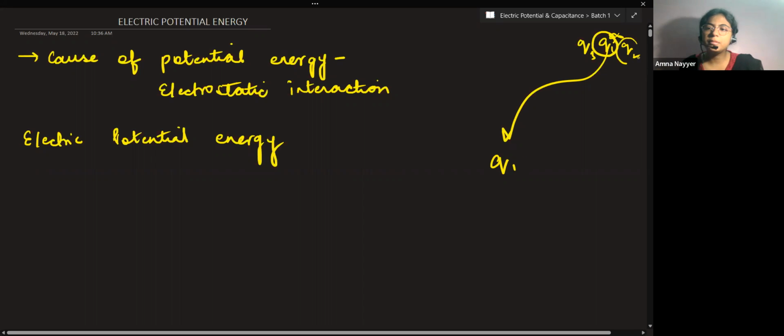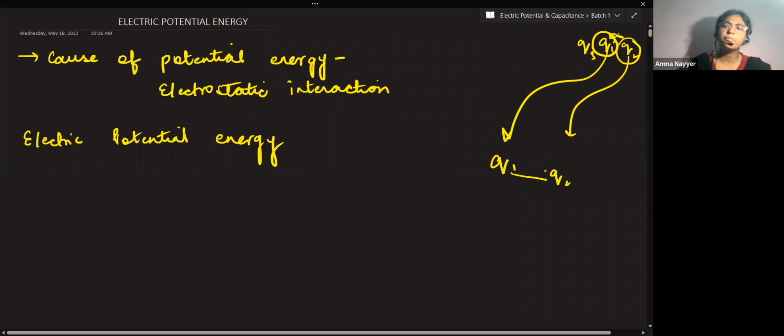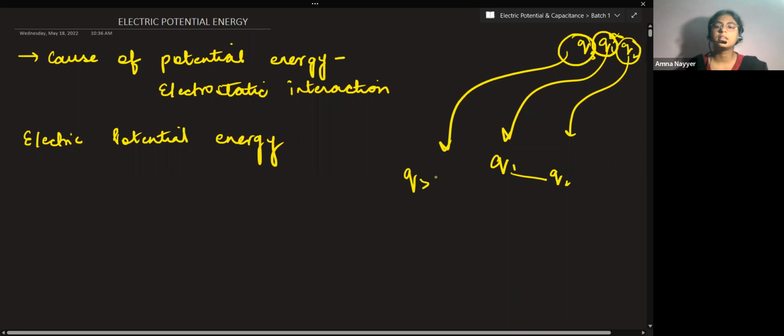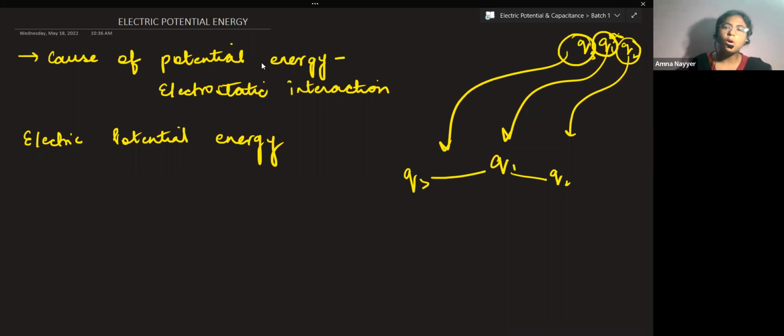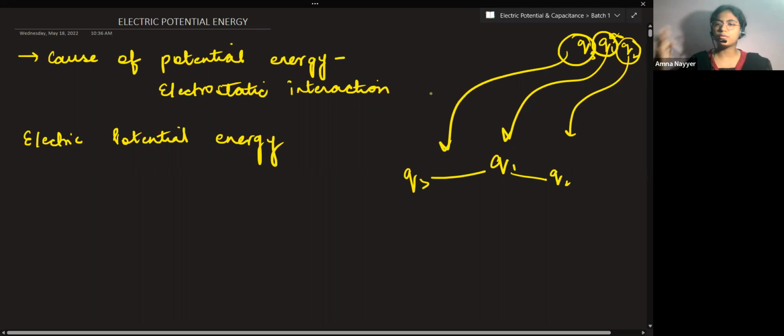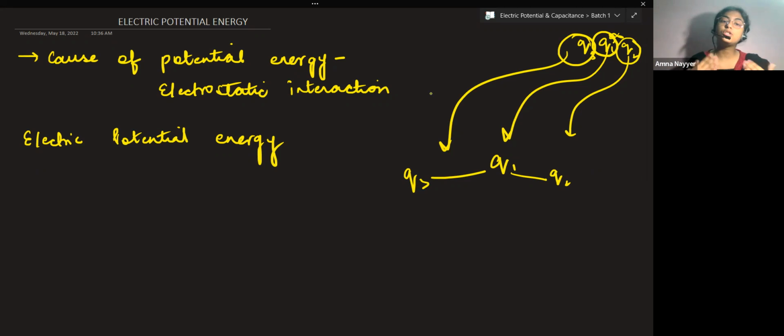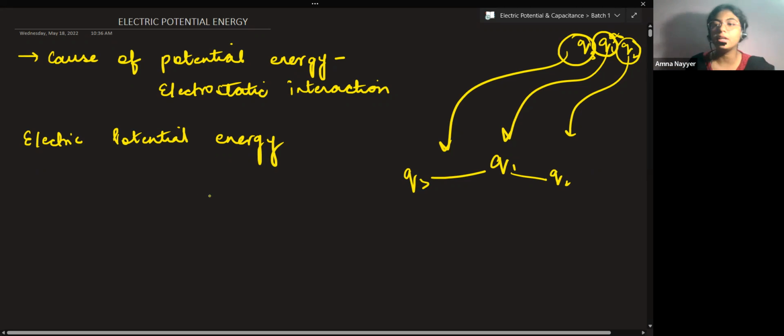Then I bring up Q2 and assemble it with some distance between Q1 and Q2. Then I bring the third charge, Q3, and assemble it. All the work done in bringing these three charges from infinity to their points, in assembling them, gets stored in the form of potential energy.